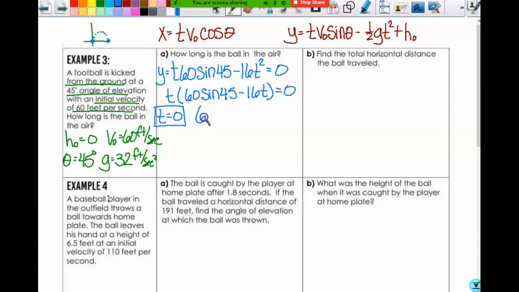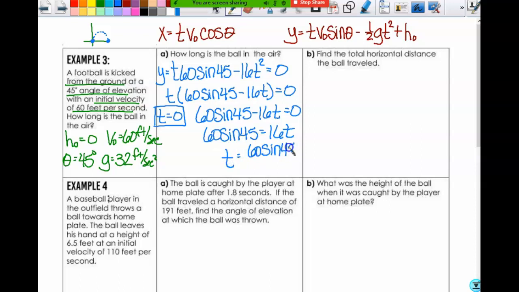So I'm going to do 60 times the sine of 45 minus 16t equals 0. That gives me 60 times the sine of 45 equals 16t. Divide both sides by 16, and I will get that t equals 60 times the sine of 45 over 16.